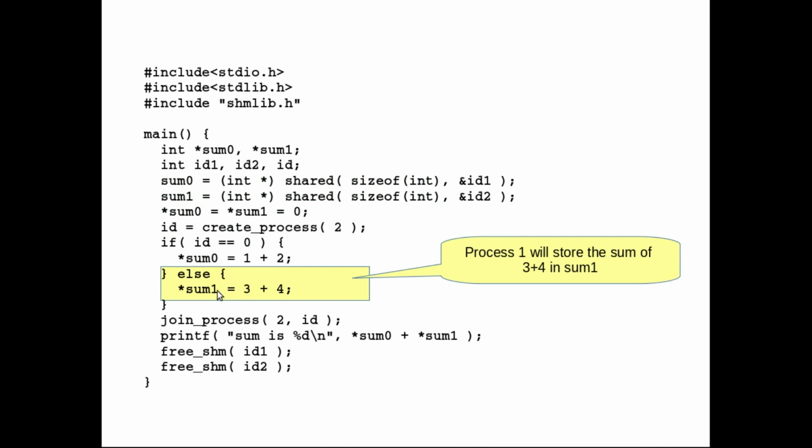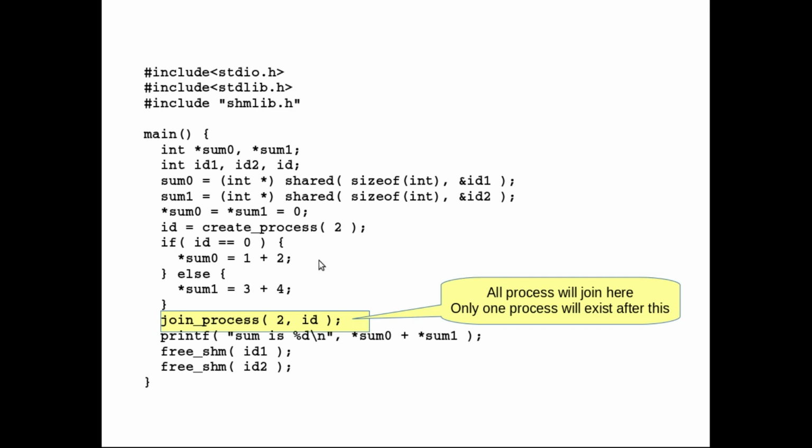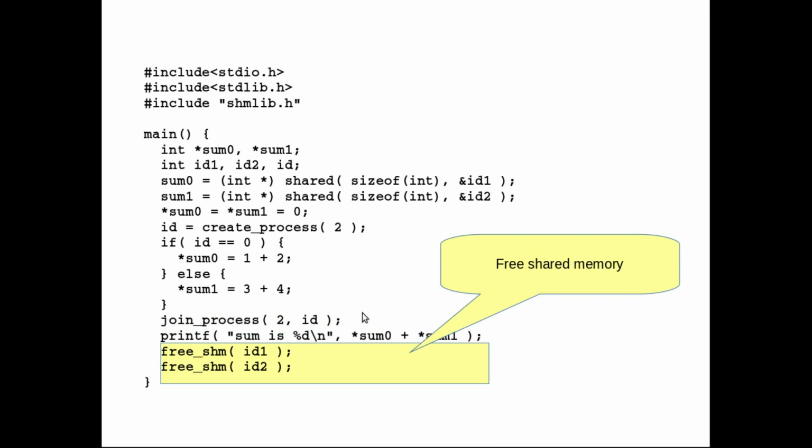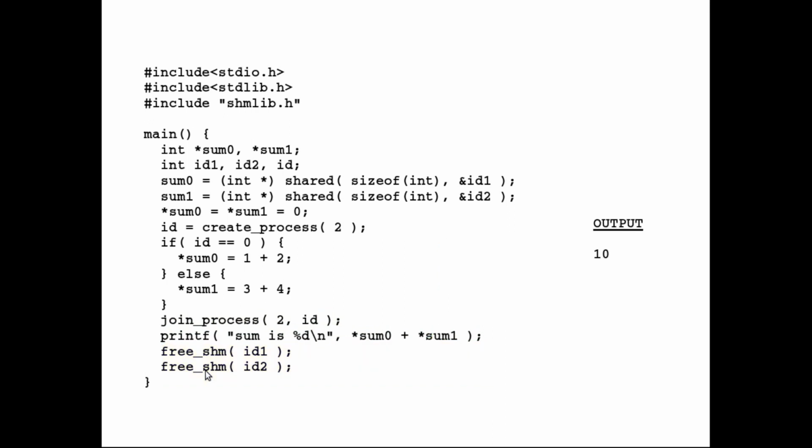So the new value will be visible to the parent process also. And then as earlier, we join the two processes, and this time we print, we will get the correct output. And of course we have to free the shared memory, and this is how we free the shared memory. And when we execute this program, we will get the correct output 10.